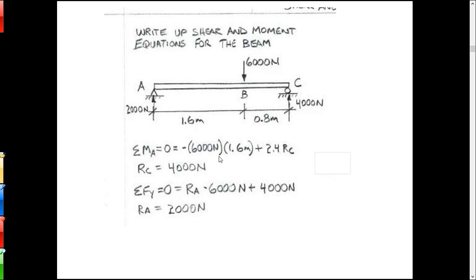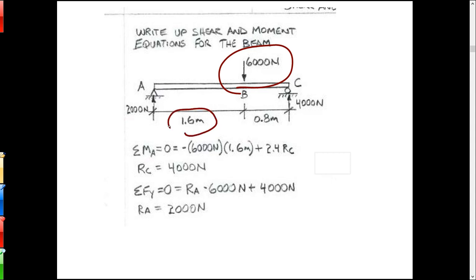So if I have this situation here, 6,000 newtons pushing down on that beam, what I would do, I would find the reactions first. So I'll take moments about A: 6,000 by 1.6, that's negative, and then the reaction at C times 2.4 is positive.